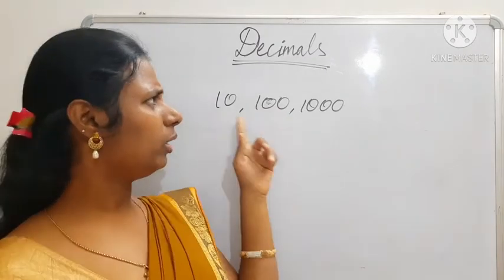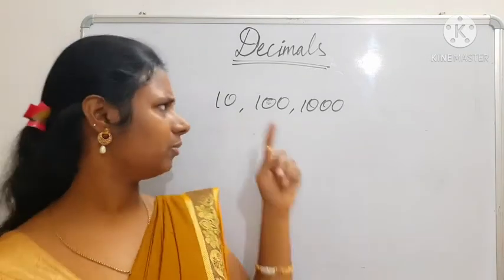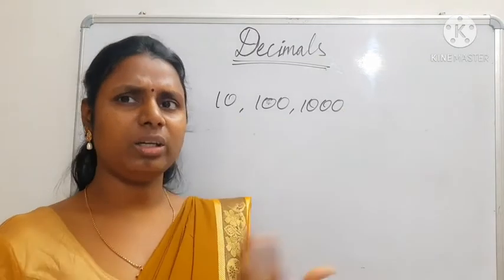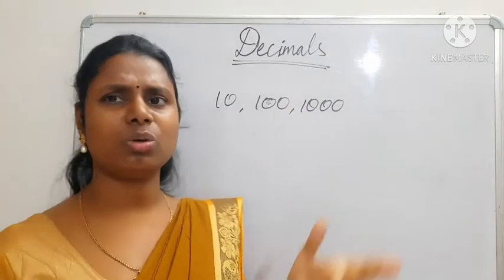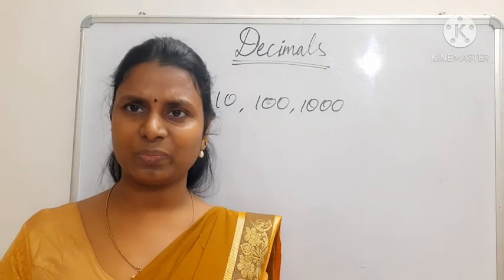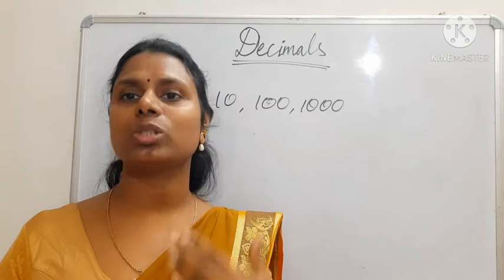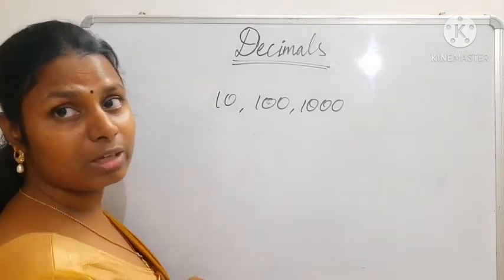By looking at this, you may remember something, isn't it? 10, 100, 1,000, 10,000. What is it? Zeros: 10 has one zero, 100 has two zeros, 1,000 has three zeros. Where have we written like this? That is in the place value chart.